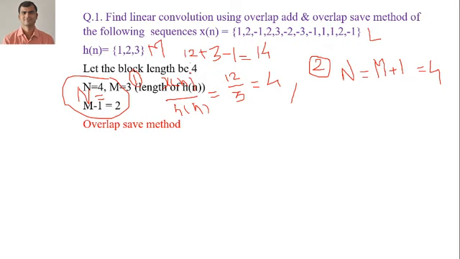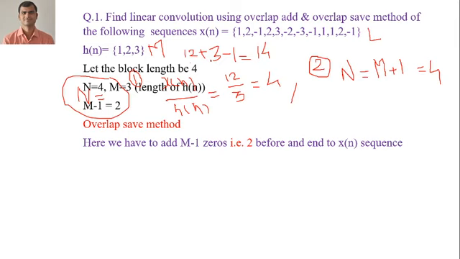In the overlap save method, we have to add M minus 1 zeros before and at the end of the x of n sequence. Here the value of M minus 1 is equal to 2, so we'll be adding 2 zeros before and 2 zeros after the sequence x of n.